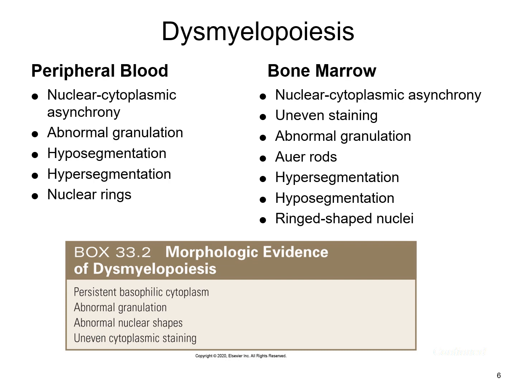So in addition to that cytoplasm being abnormal, you can also have abnormal features within that nucleus. That nucleus can actually be hyposegmented, it could be hypersegmented, so more than 5 of those actual divisions, or it could have nuclear rings. Within the bone marrow, these cells will also have a nuclear cytoplasmic asynchrony.